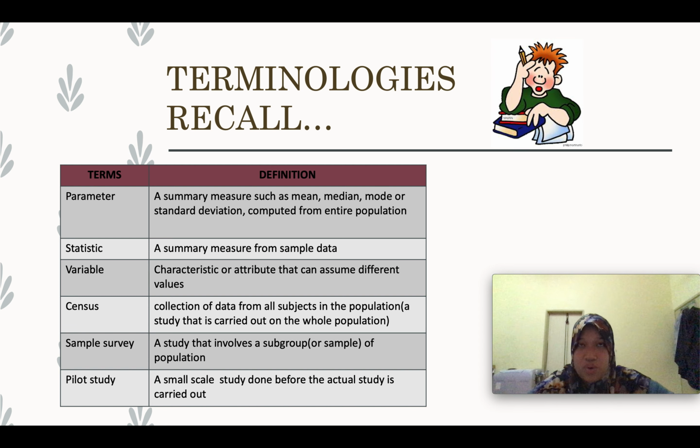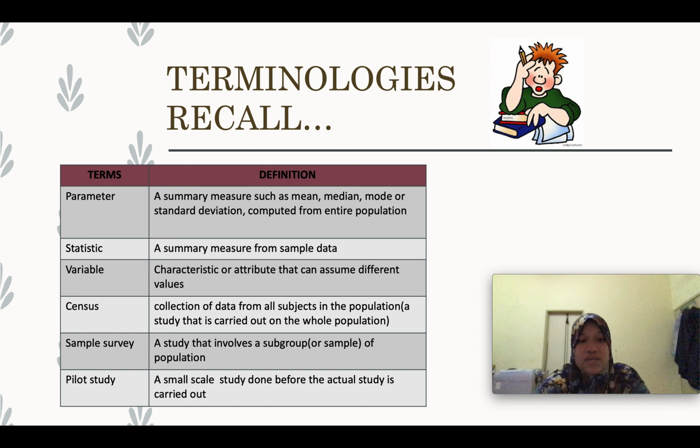If I measure each student's CGPA, we call that a parameter, because all the elements in the population were measured for their CGPA.